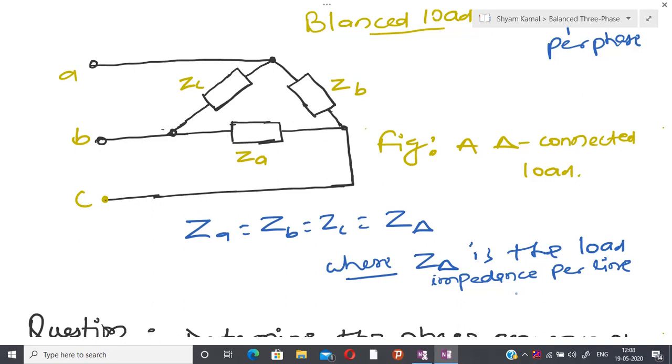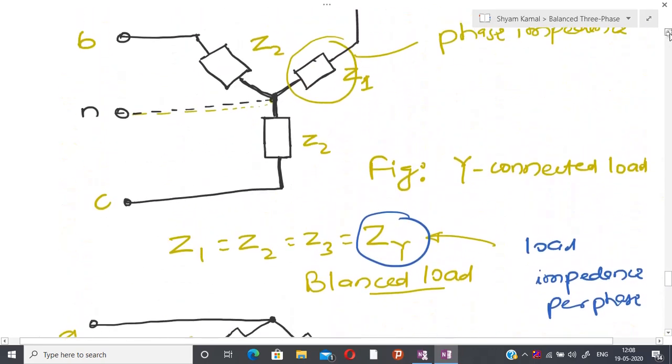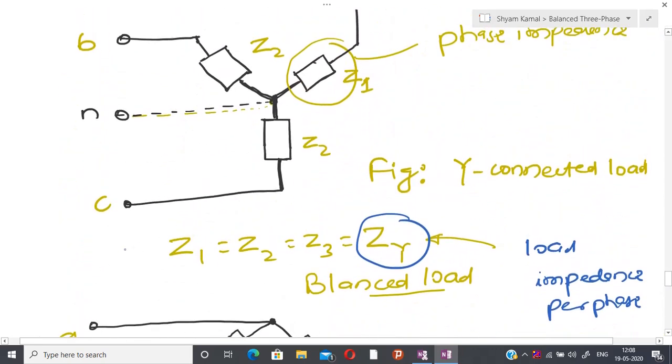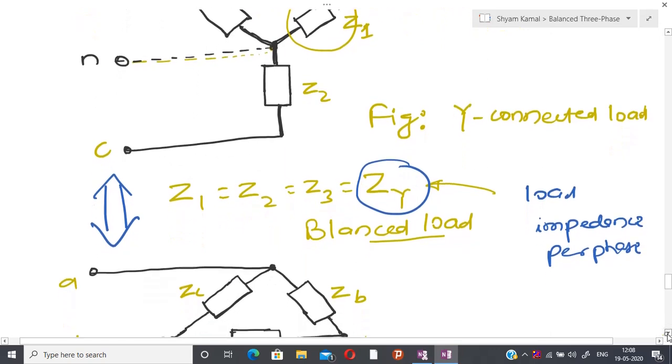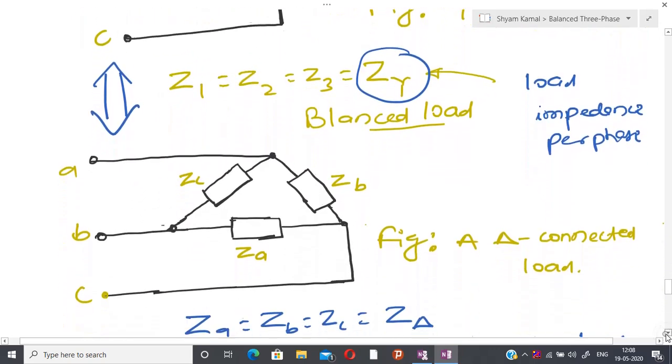And it is possible to transform Y connection to delta and delta to Y connection. This is exactly the same as whatever we have learned during the resistor part, so I am not going to discuss it again here.